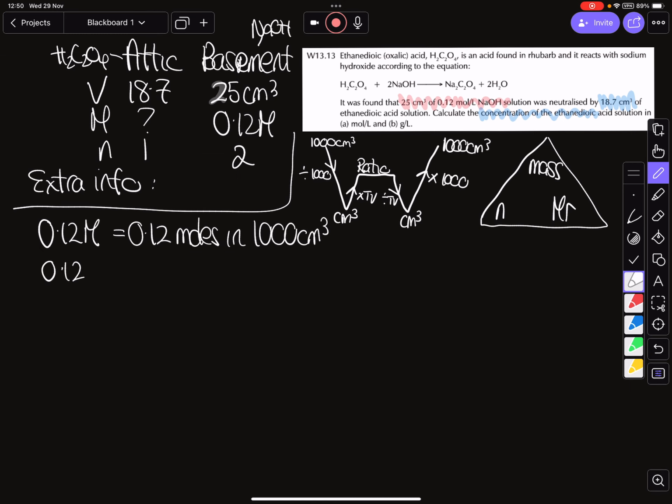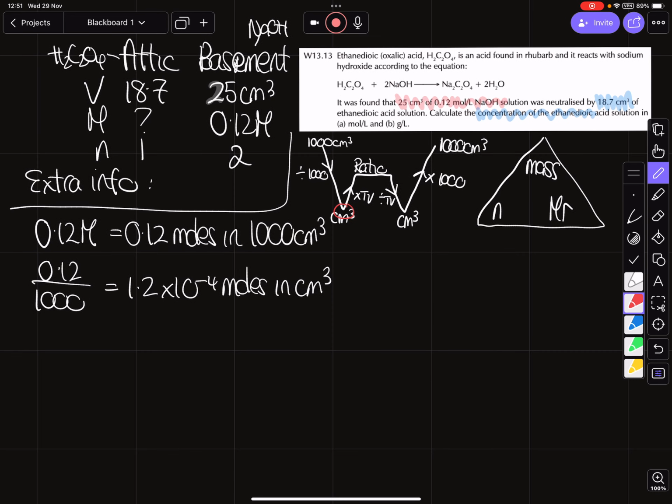We will have to divide that because we're going down this left-hand side of our W. So 0.12 divided by 1,000 gives me 1.2 by 10 to the minus 4 moles. That is in a centimetre cubed. That gets us to this point. We are then going up, so we are multiplying by, in this case, 25.